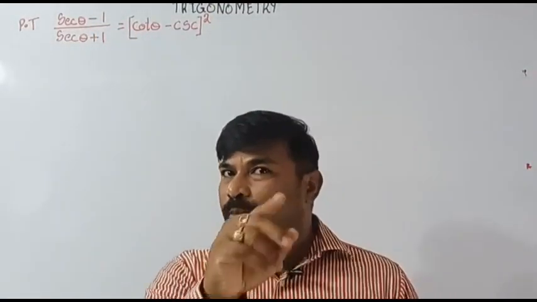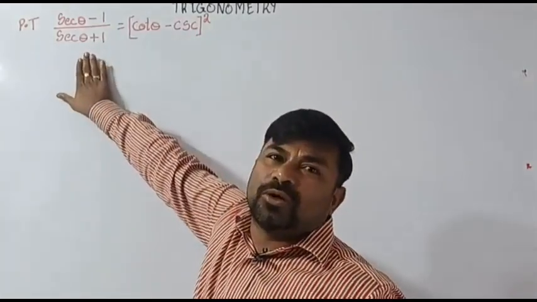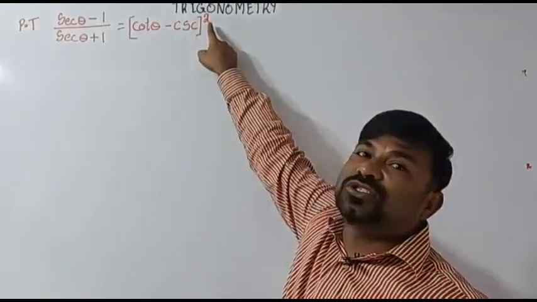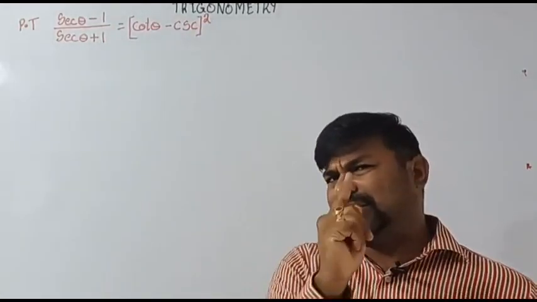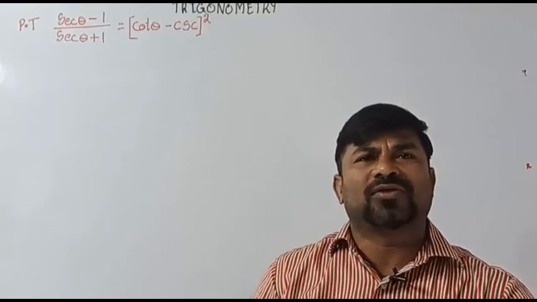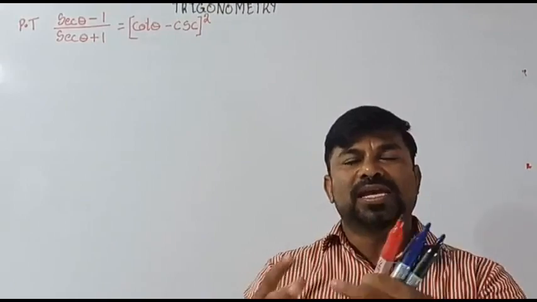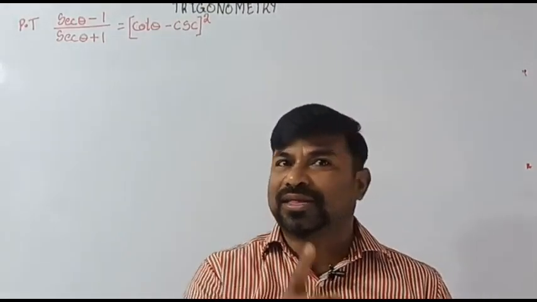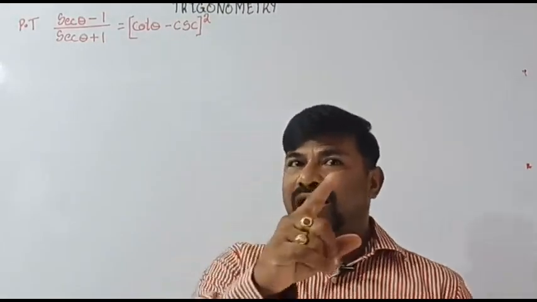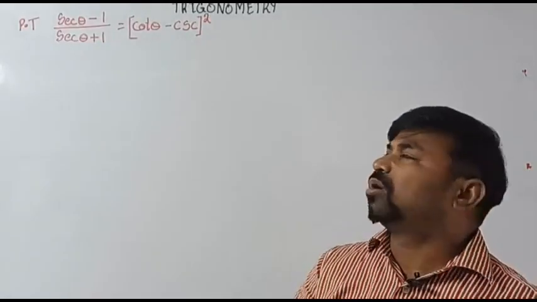Moreover, if we observe, there is no square in the question, whereas we have a square in the answer. That's the main trick. We can't get a square straight away. We are supposed to add on some stuff to get to the square. That's the logic we are having. I will teach you how to get that.